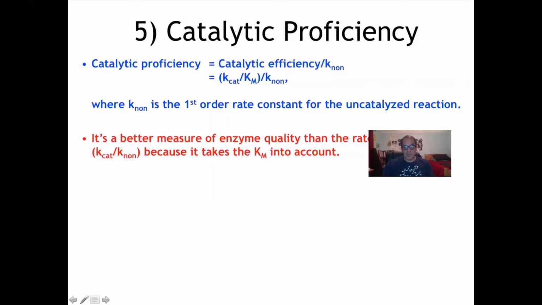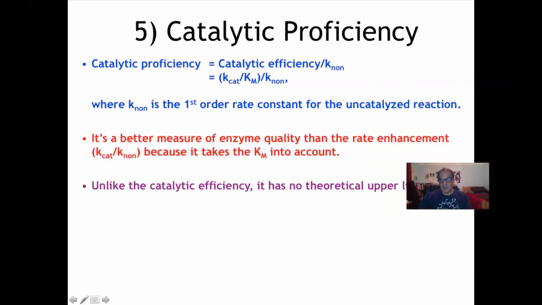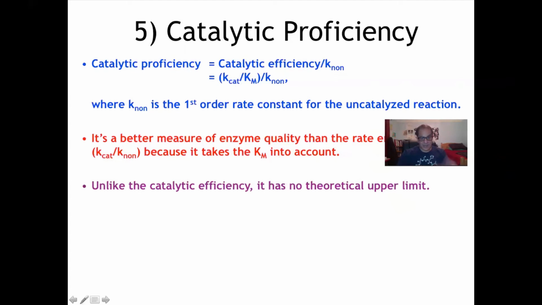It's a better measure of enzyme quality than the rate enhancement, which, as I mentioned, is just Kcat over Knon, because unlike rate enhancement, which doesn't include Km, catalytic proficiency takes the Km into account. It also has an advantage over catalytic efficiency since it has no theoretical upper limit.